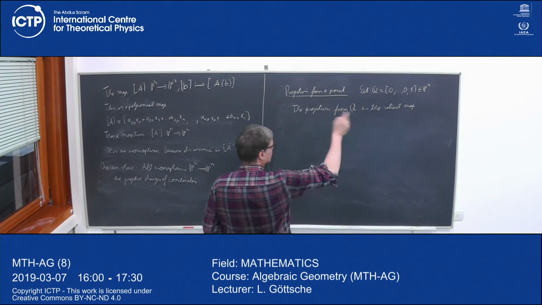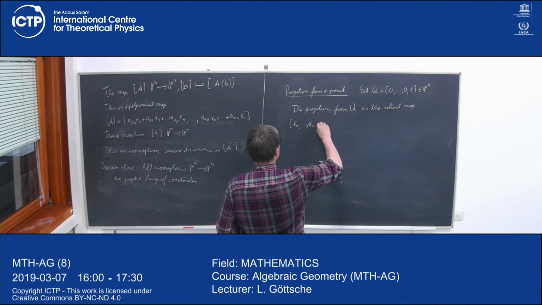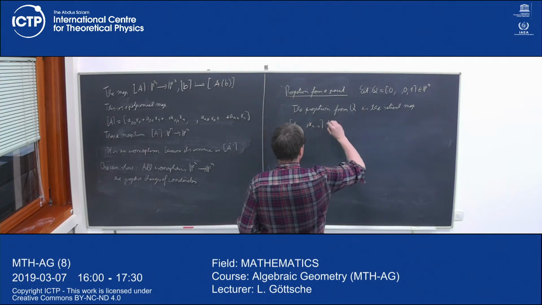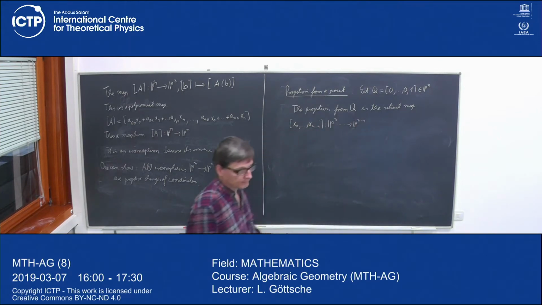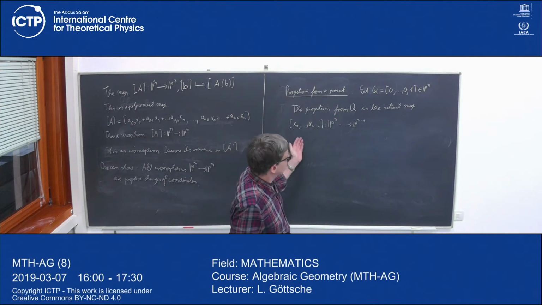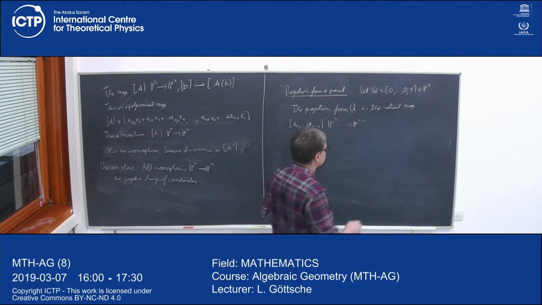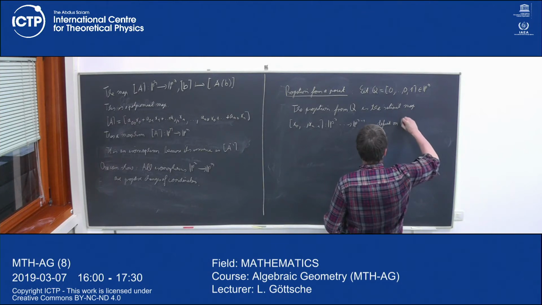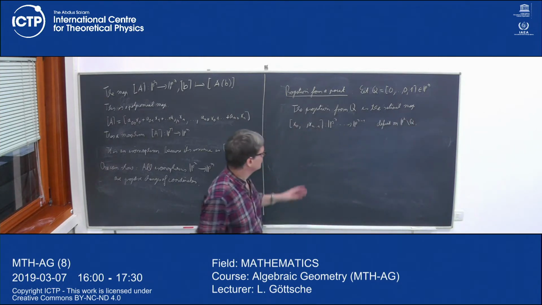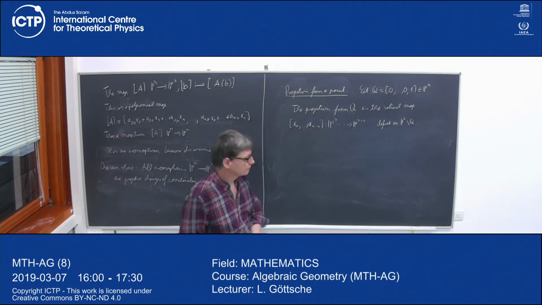If I take the coordinates x0 to xn, it's just x0 to xn minus 1, from P^n to P^(n-1). You can easily see that it's defined: the only common zero of these coordinates is this point Q, so this is defined on P^n minus Q. In particular, it will also be defined on any subvariety X in P^n which does not contain Q.